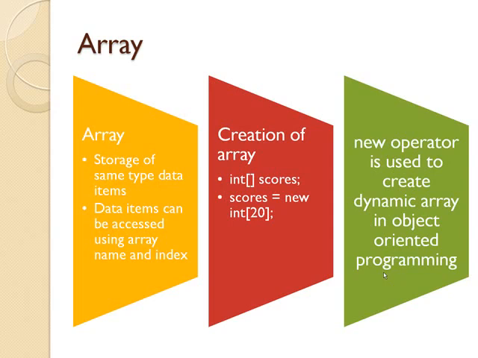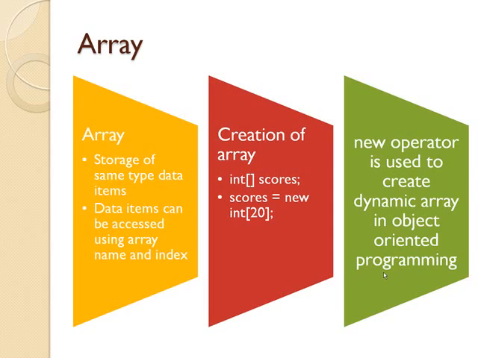So the size of the array is fixed. It's a static array. In a dynamic array, dynamic memory allocation is used to create the array. That means if we want, we can increase the size of the array.